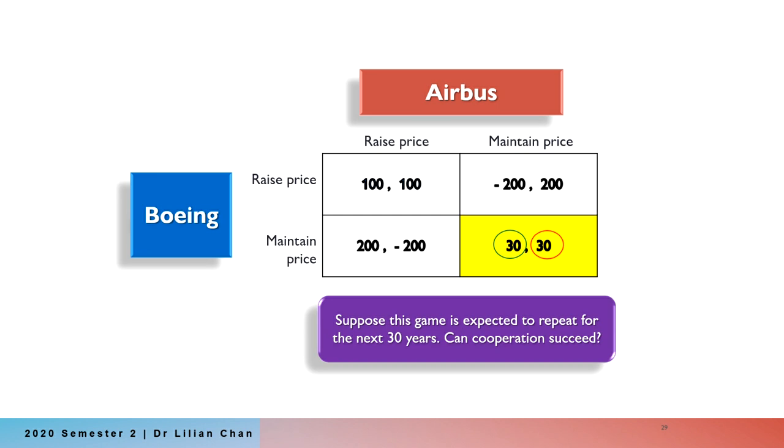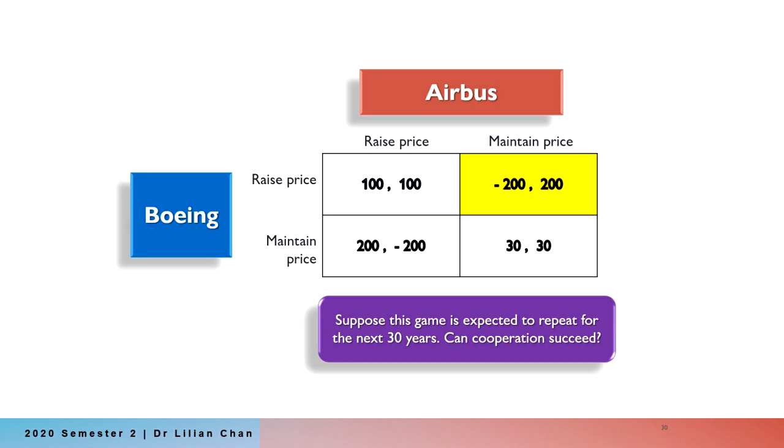Suppose that Boeing follows this agreement and advertises its price increase for the next year. Suppose that Airbus reneged on the agreement, the cheat. In this case, Airbus will get a very high profit of $200 million in that year, whilst Boeing will make a huge loss of $200 million. In this case, it is quite likely that Boeing would know that its loss is caused by the cheating Airbus.